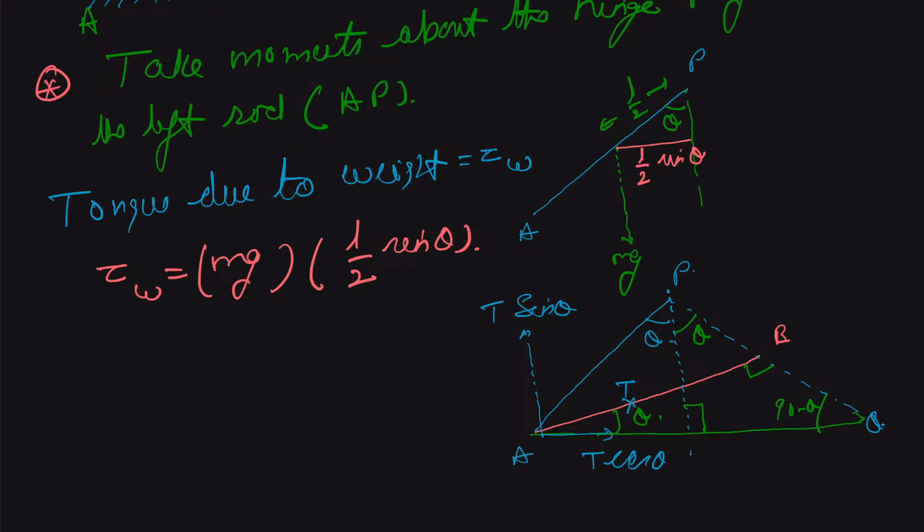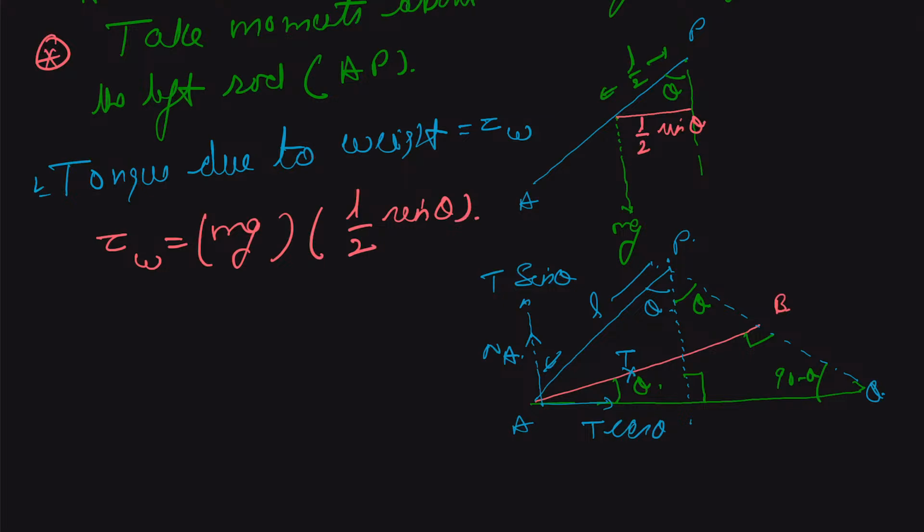And along with this there will also be a normal at A. Okay, let us call this normal at A. And as usual, the length AP is given as L. This is known to us. So there are two components, vertical component T sine of theta and horizontal component T cos of theta.